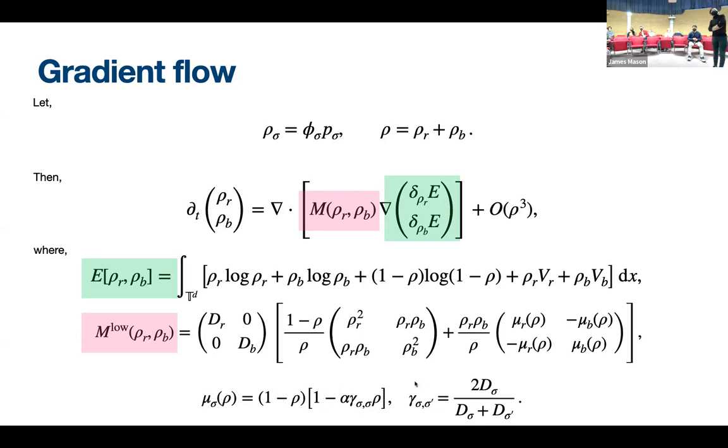Sigma is the species, so this will give you negative diffusion in the second term. Can it happen that it kind of heals, that the terms become negative? I'm not sure.